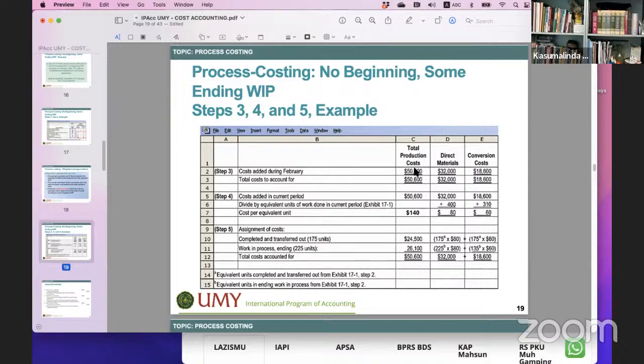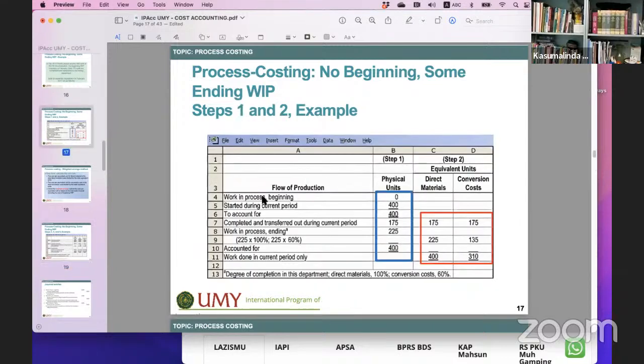Okay, yang tadi atasnya adalah total cost to account for 50,600, and the cost should also be the same. Dia sama konsep dia macam kita analyze units tadi lah, di mana units to account for 400 should also equal units accounted for 400.